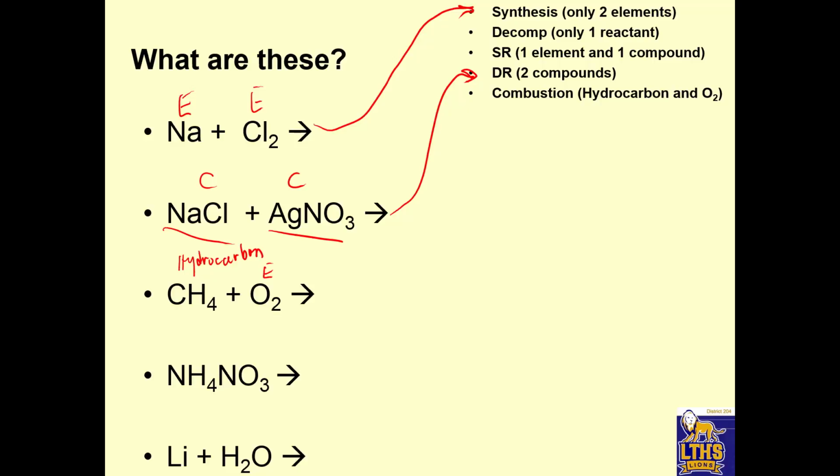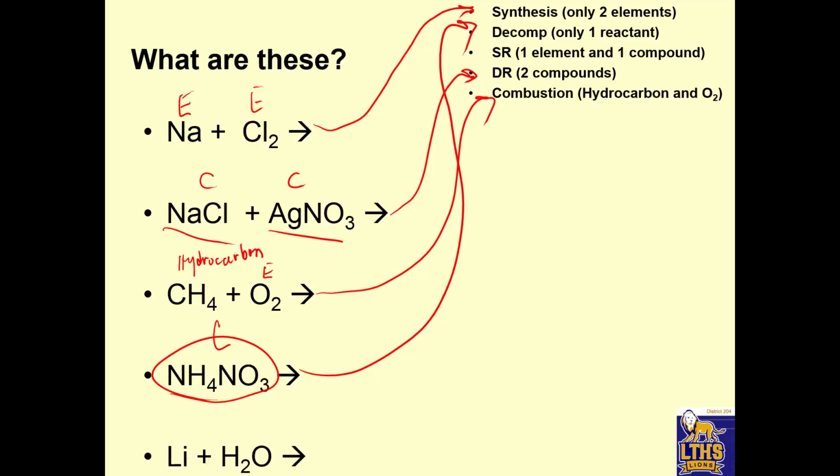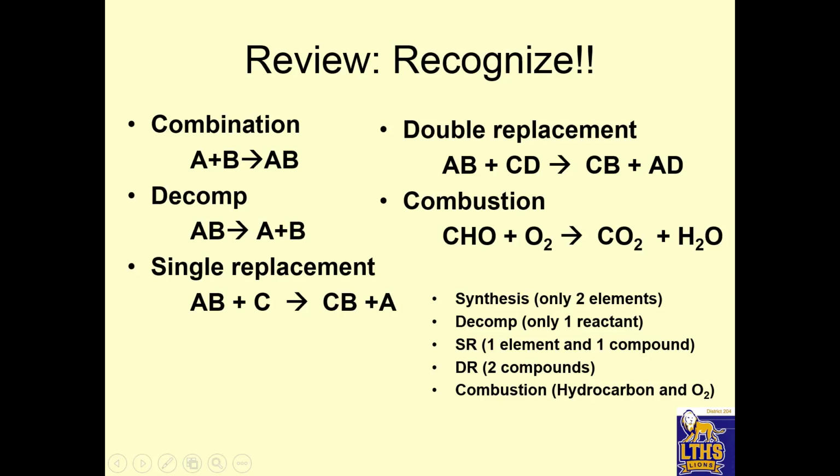Now you might be saying compound and element, that's single replacement. But if the compound's a hydrocarbon and the element's oxygen, it's combustion. This is one big compound. What's it going to do? It's going to decompose. This is an element and a compound. What's going to happen there? Single replacement.